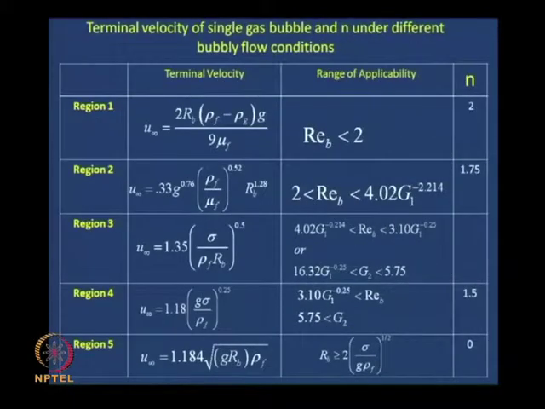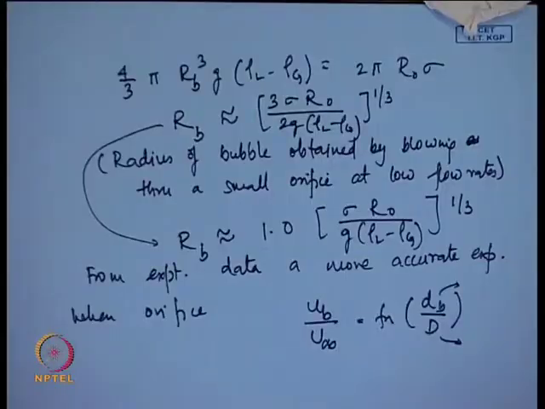Now, as I have told you, region 1 is the Stokes region where the bubbles are perfect spheres and they rise in almost straight lines. As we keep on going for higher and higher gas velocities, the bubbles start getting larger and larger. Finally, we find region 4, where the bubbles are quite large.